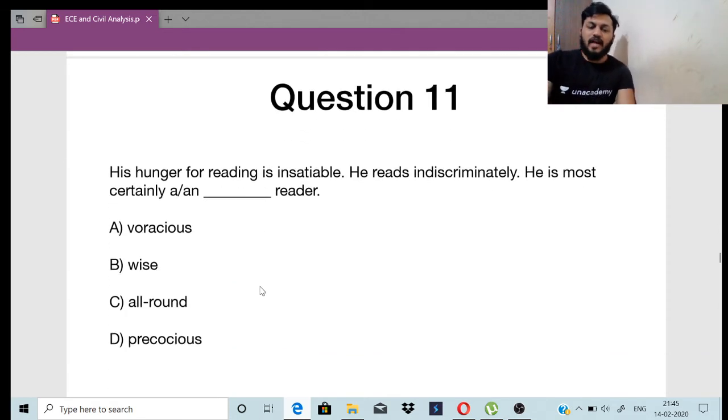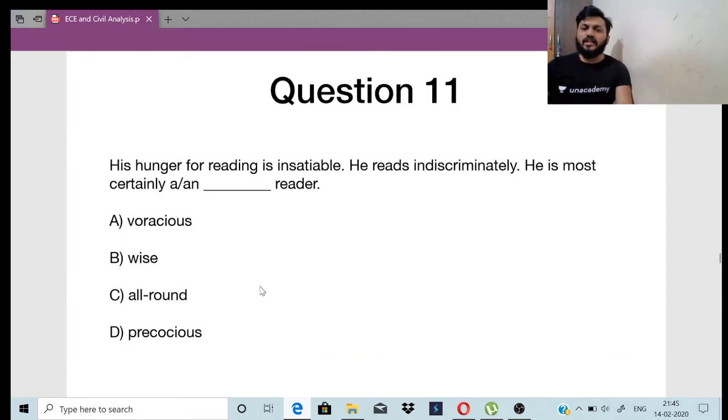Okay, his hunger for reading is insatiable. He reads indiscriminately.